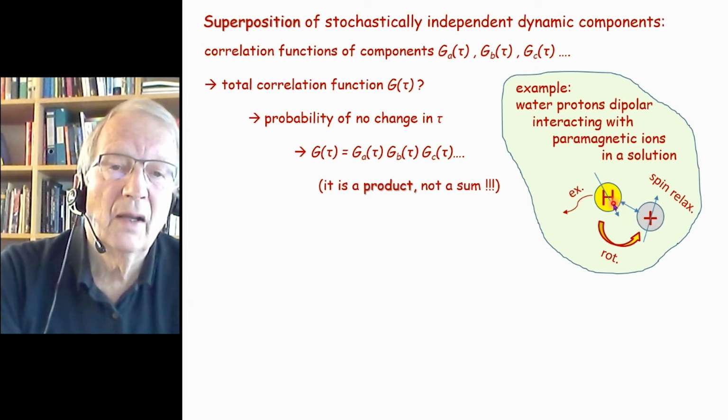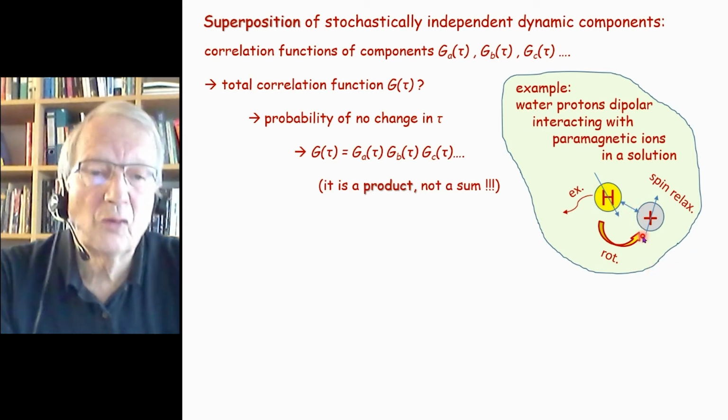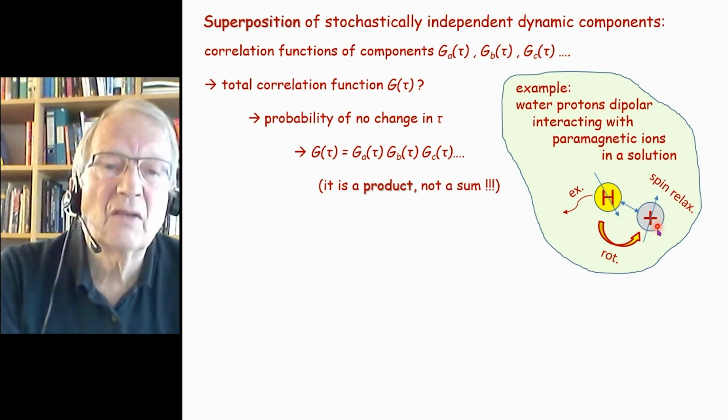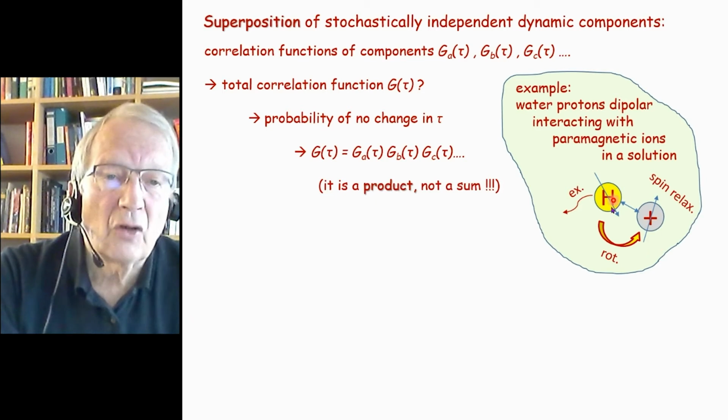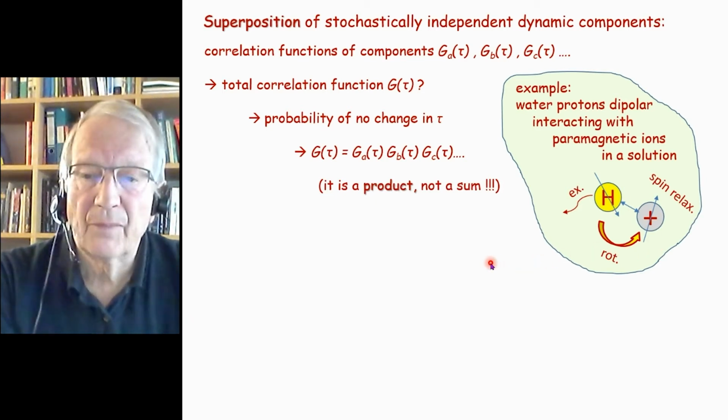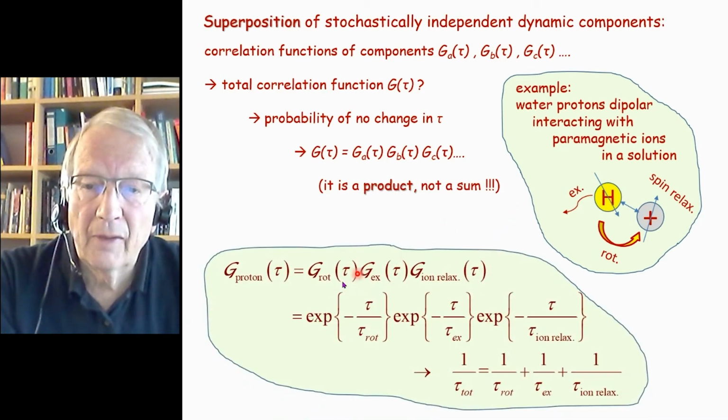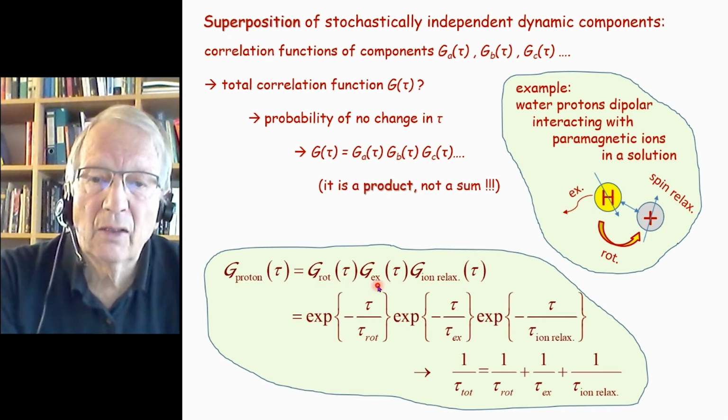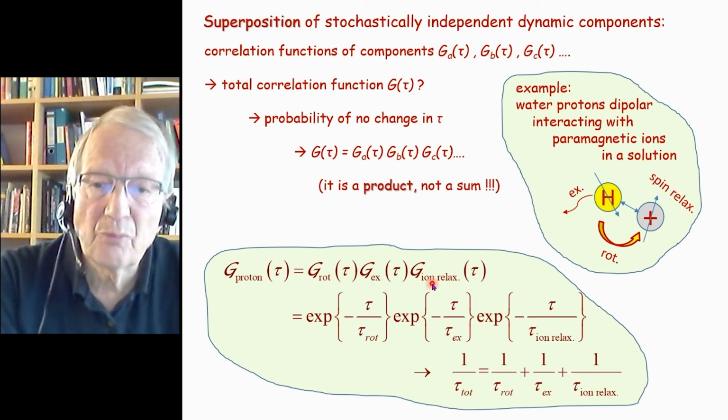It can exchange, and it will modify the coupling in this way. And the third component is a spin relaxation of the paramagnetic ion, which also will modify the dipole interaction. So we have a product of three correlation functions for the three components.